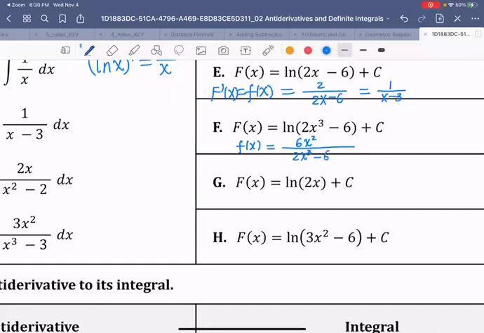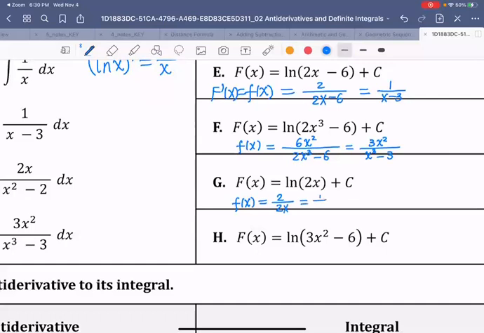Okay. We can simplify this one. Let's simplify this guy: 3x squared over x cubed minus 3, right? Yeah. Let's do the next one. 2 over 2x. Good.